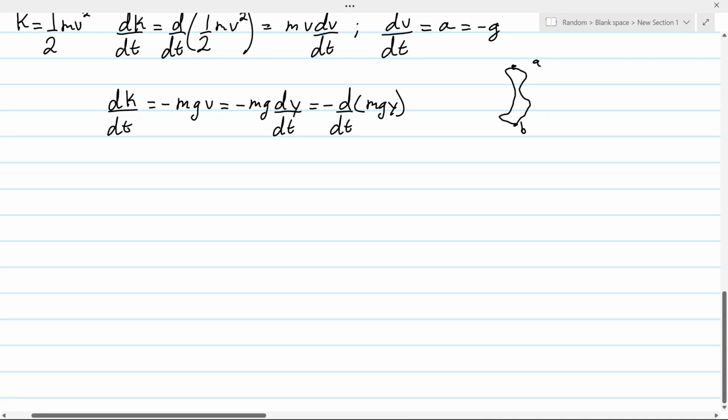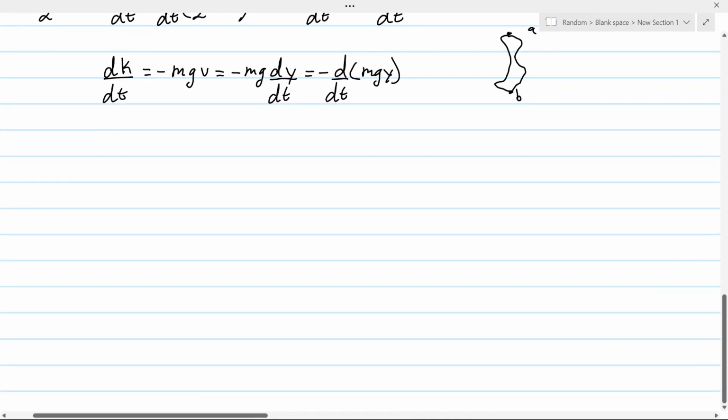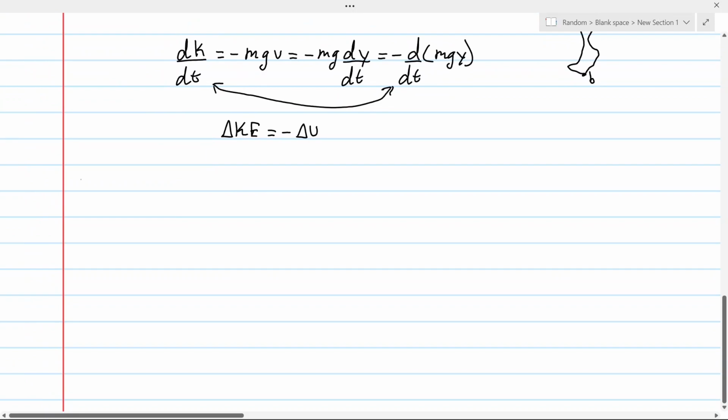And if we integrate both sides with respect to time, we'd be able to see that a change in kinetic energy is equal to the negative change in potential energy. Now, we already established that work is equal to a change in kinetic energy, and now we can see that it's also equal to a negative change in potential energy.